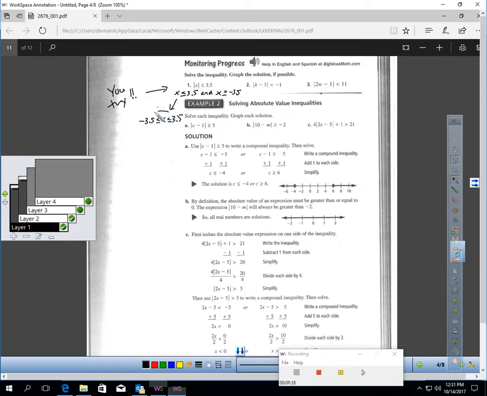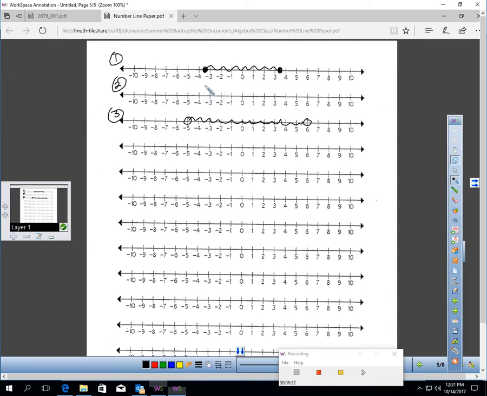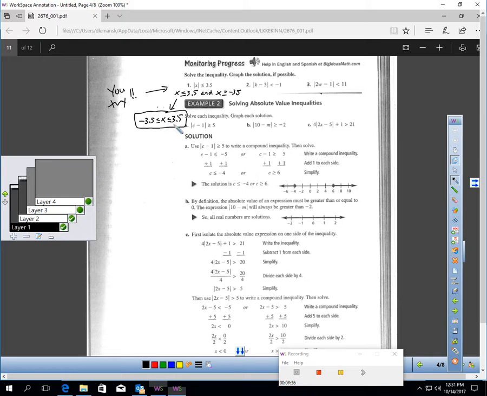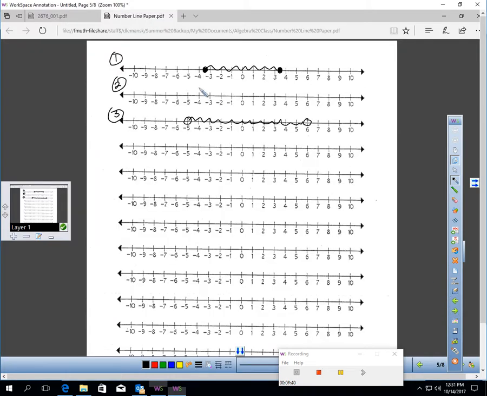And problems I can write in a triple inequality format. And that means I can plot those 2 points and shade in between, which you see there. I plotted negative 3.5. I plotted positive 3.5. Do you notice I colored these in because the problem had equal? There was equals in there, and I'm shading in between.